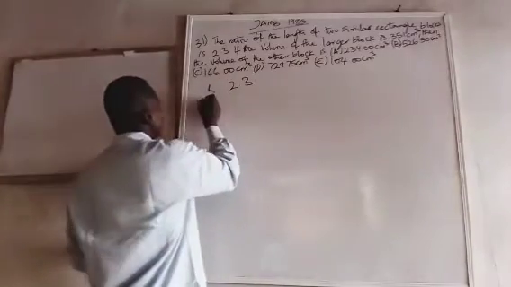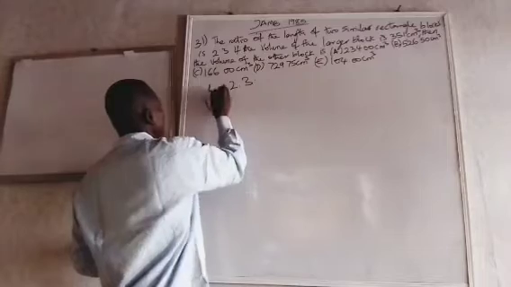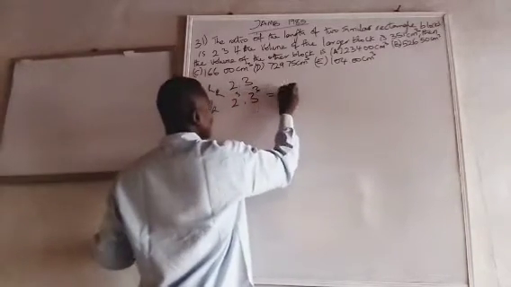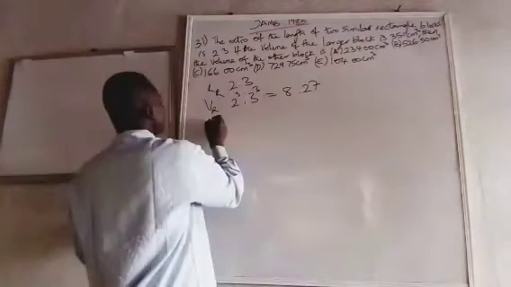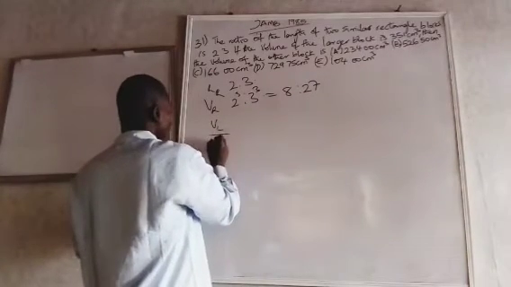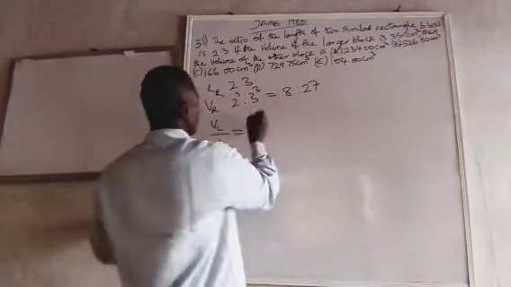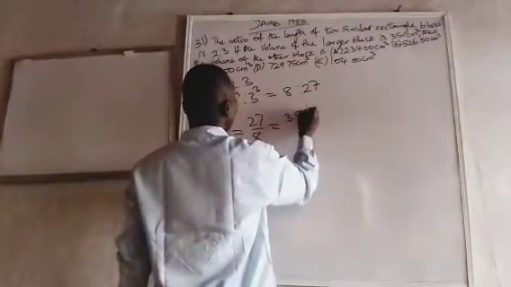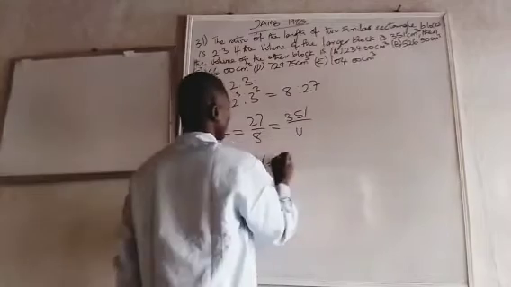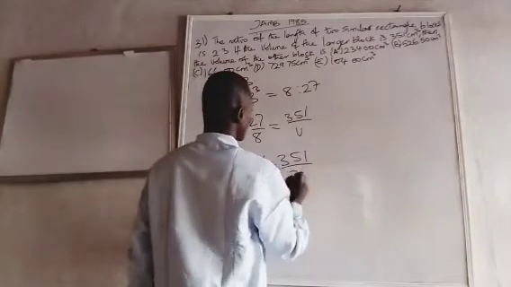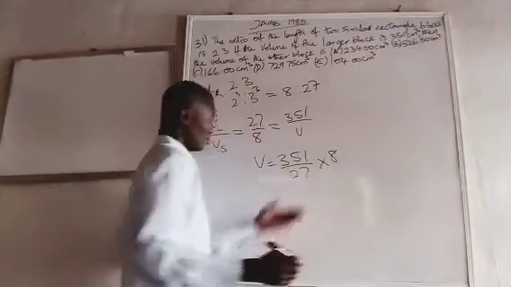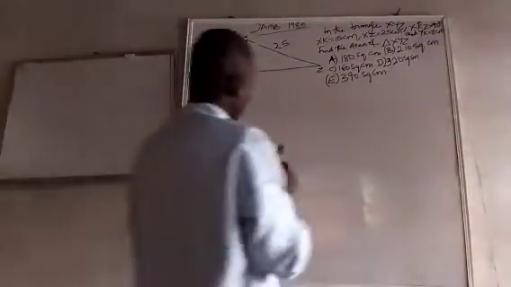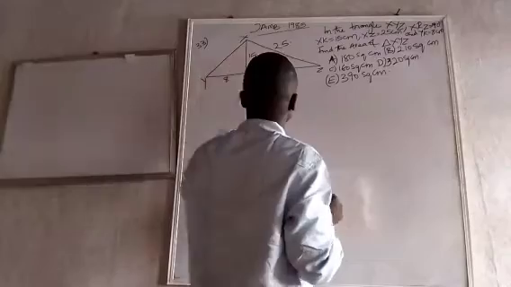Therefore, the ratio of the volume should be 2 cubed to 3 cubed. That is 8 to 27. So, volume of the smaller block to volume of the larger block is 8 to 27, which should be equal to V to 351, so V equals 351 over 27 times 8. So E is the answer.